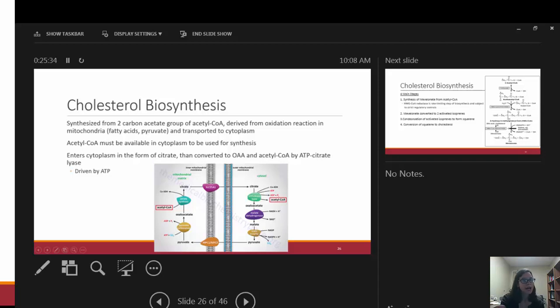So acetyl-CoA must be available in the cytoplasm in order to be utilized for cholesterol synthesis, and it enters the cytoplasm in the form of citrate. So we have citrate here. Then it's converted to oxaloacetate, and eventually to acetyl-CoA.